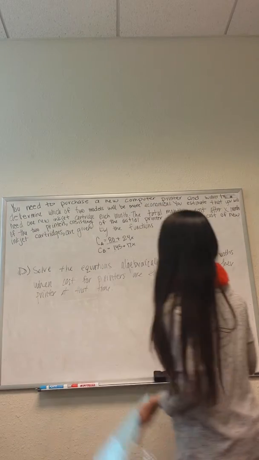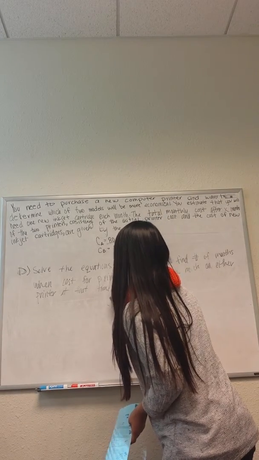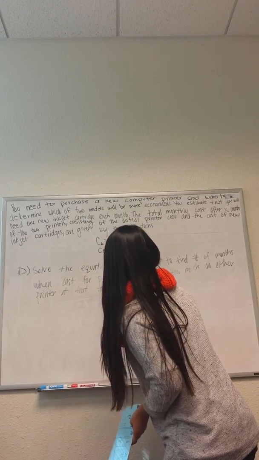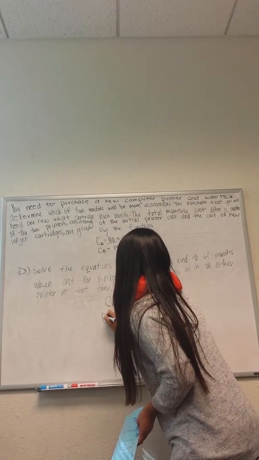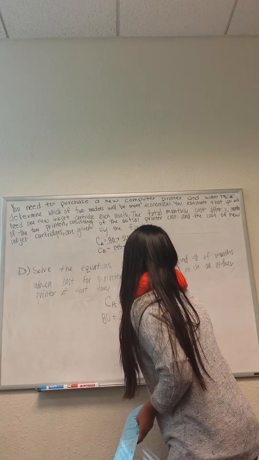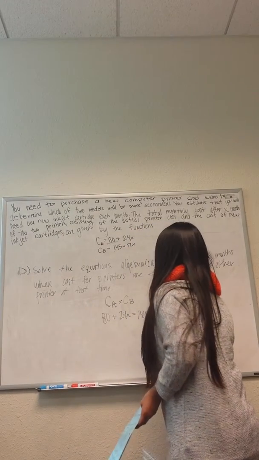So you would have to set CA equal to CB, assuming they equal each other. So it's 80 plus 24x equals 145 plus 17x.